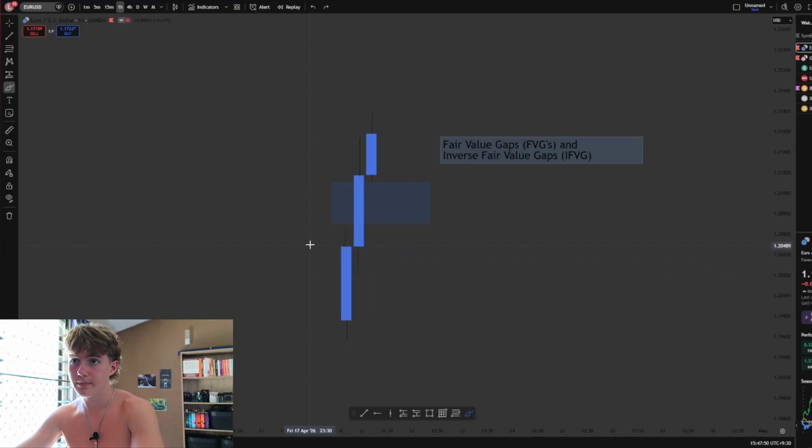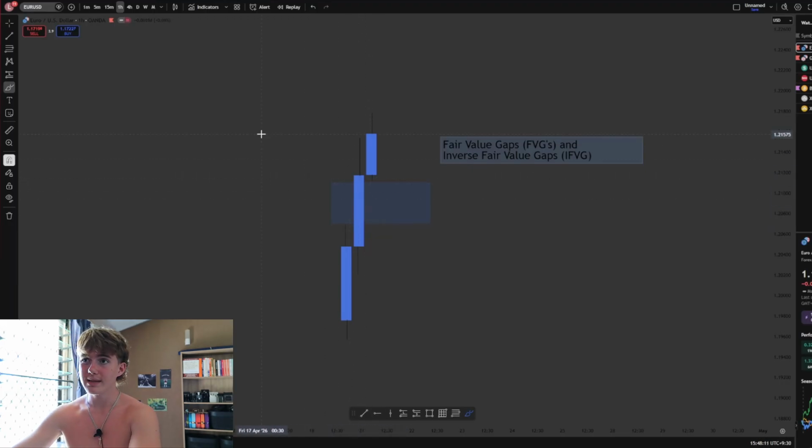Same thing here: the sellers came in a little bit, but then the buyers pushed it back up. So there were no sellers able to enter in this area. It was just buyers pushing past.